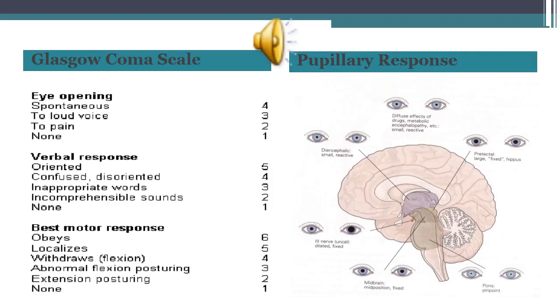Assessment of consciousness level through the Glasgow Coma Scale depends on 3 parameters: eye opening, verbal response, and best motor response. The maximum score is 15 and the lowest score is 3.